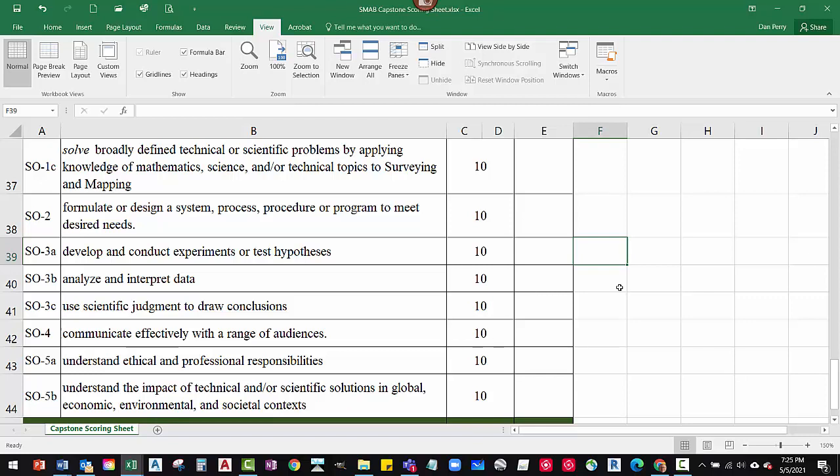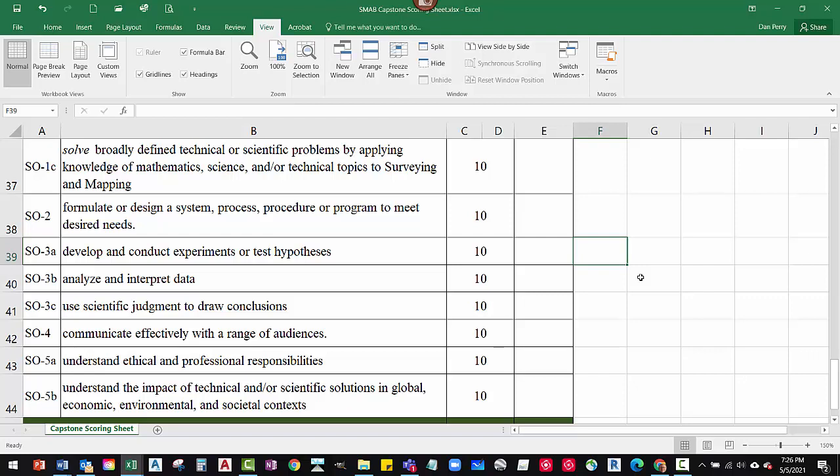Using scientific judgment to draw conclusions. So scientific method, in other words, hypothesis, test it, and then come back and revisit the hypothesis after analysis, interpret that data, and then draw conclusions from it. So those are fairly explanatory.